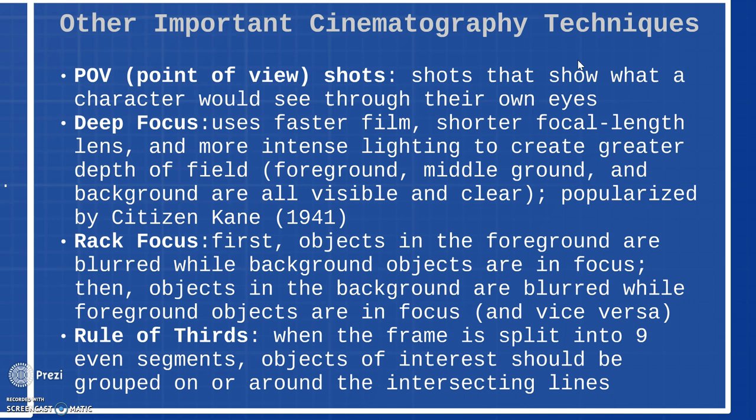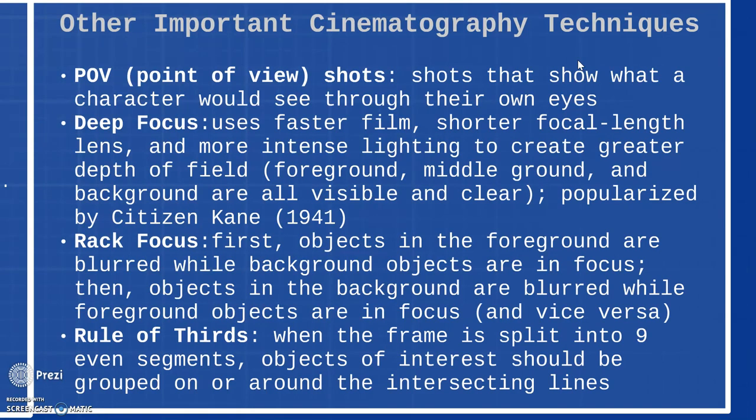This was popularized in the film Citizen Kane, and there are a couple photographic examples of this if you go back a few weeks into visual design. Another example of a cinematography technique that's used pretty commonly is called rack focus. Now, rack focus, like deep focus, uses those different layers, the foreground, the middle ground, and the background. Specifically, what it does is it places an object in the foreground or the background and it blurs them, right?